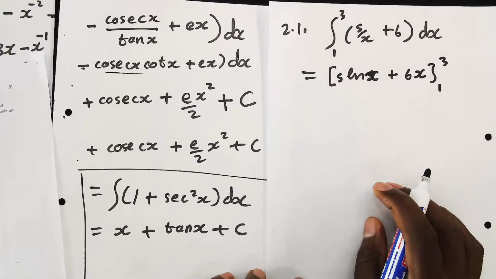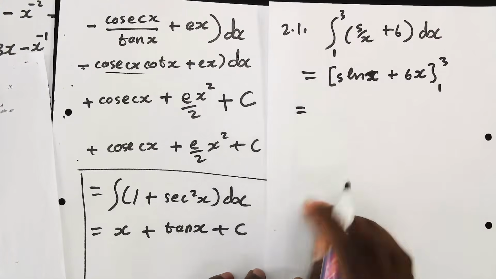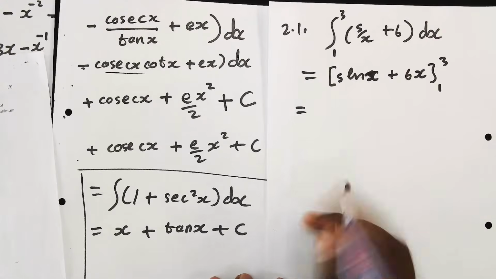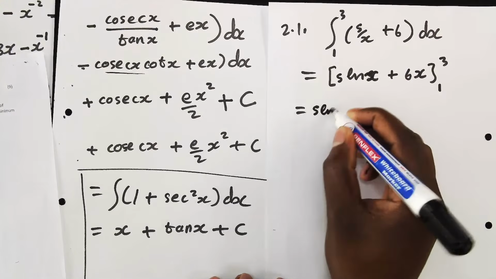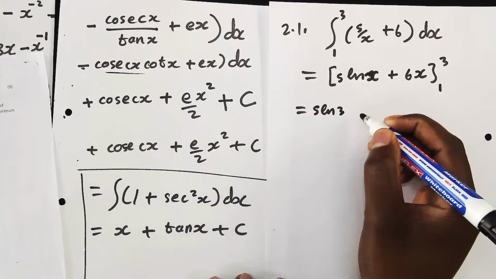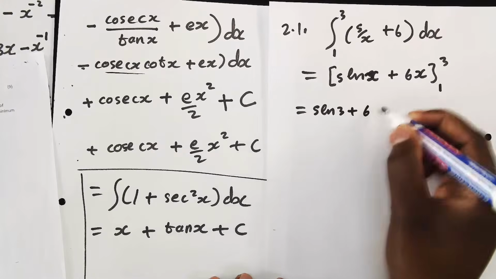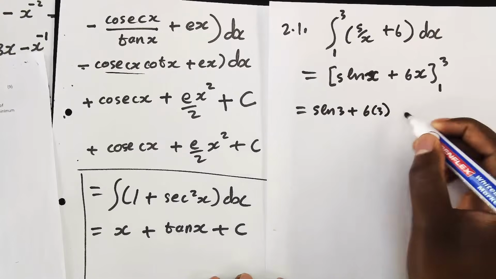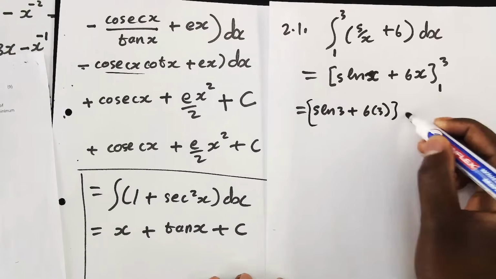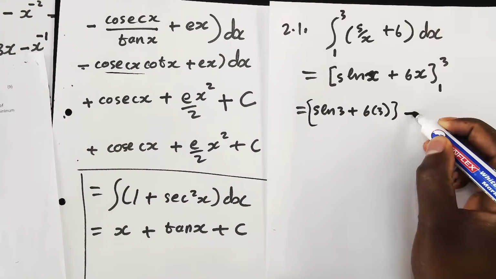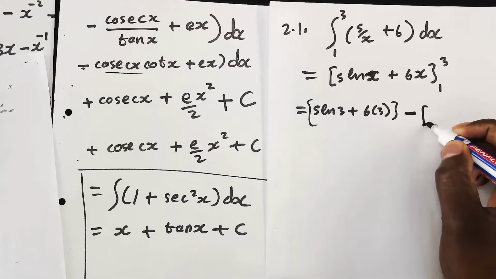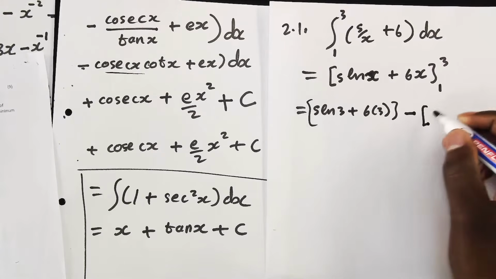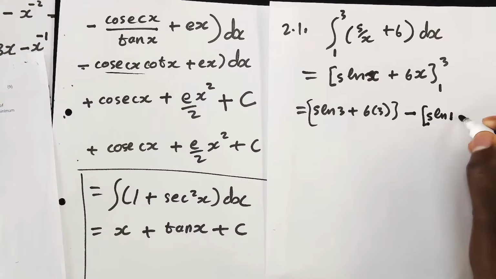From here, we can substitute from upper limit to lower limit. So we have 5 ln 3 plus 6 into 3, minus 5 ln 1 plus 6 into 1.